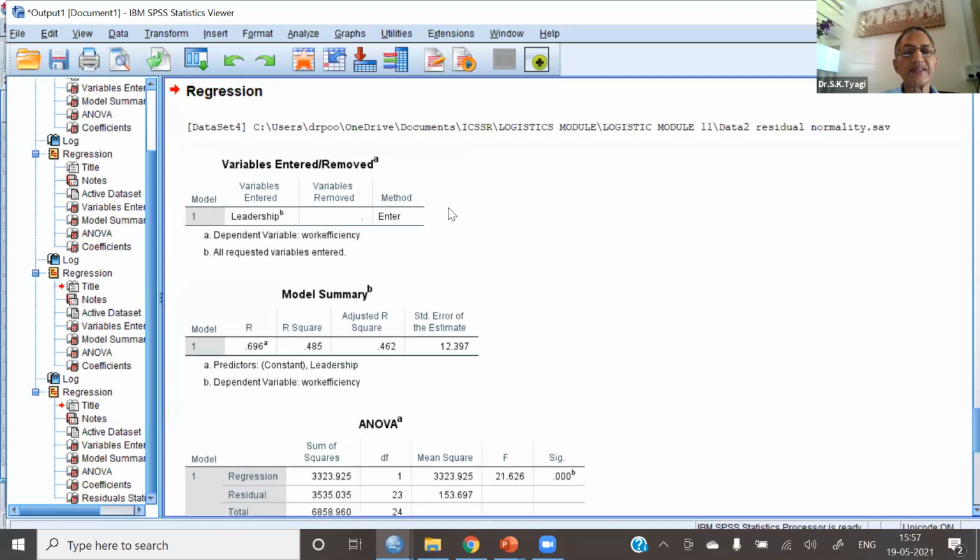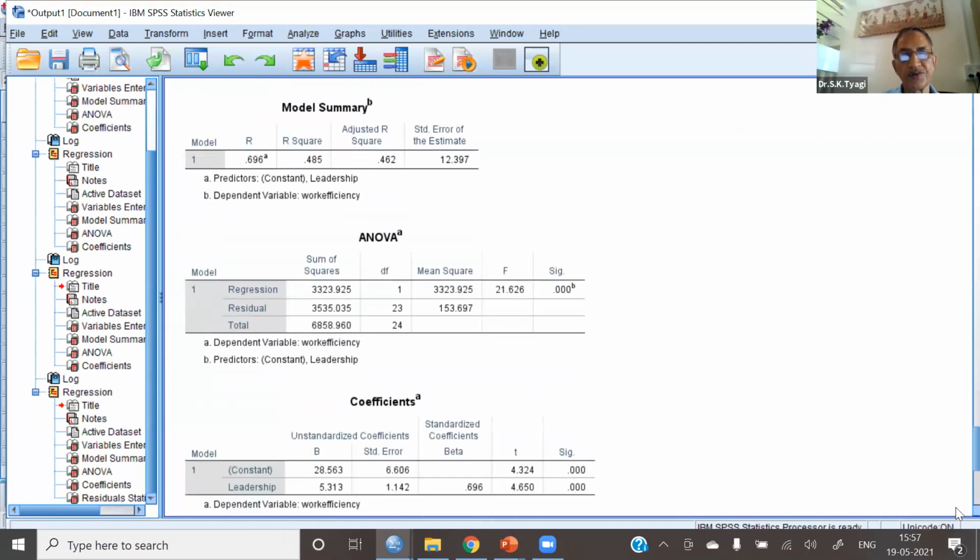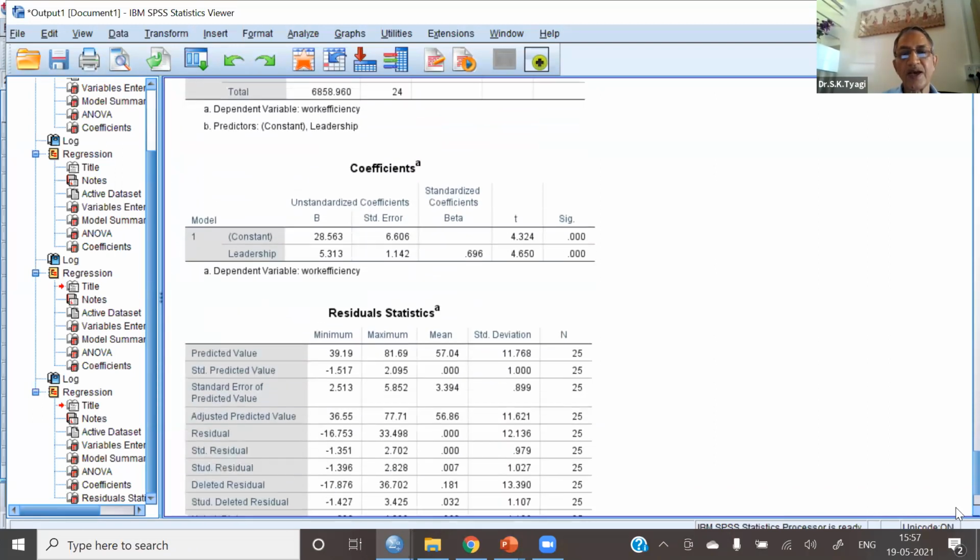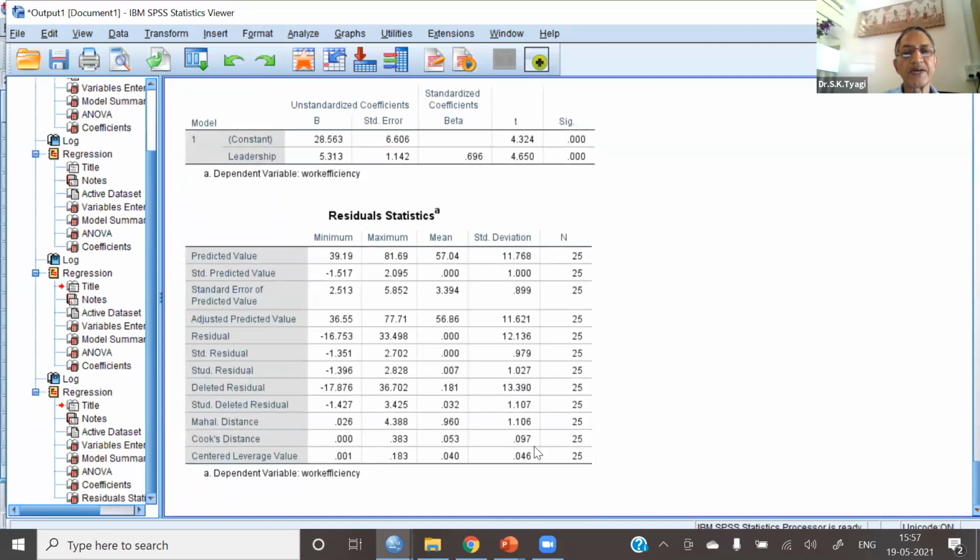First we get the regression tables: variables entered, model summary, ANOVA, and beta coefficient, the regression coefficient. And now we have another table added to it. This is residual statistics, which I have taken to my presentation.